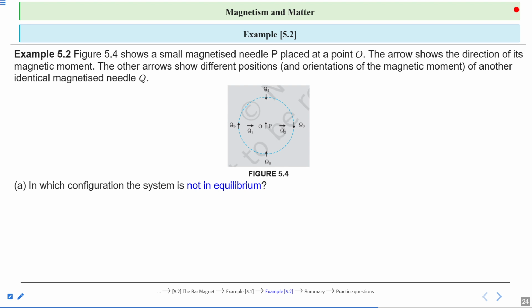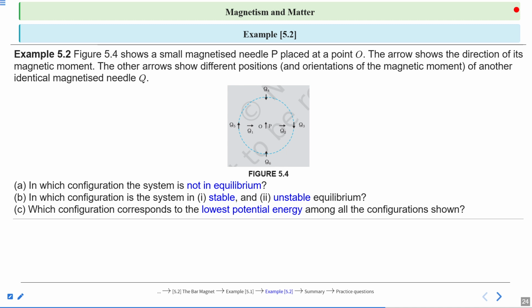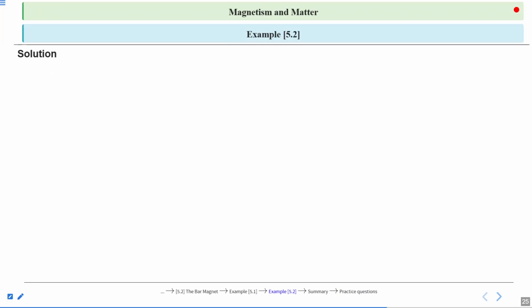Part B: in which configuration is the system in stable equilibrium, and in which in unstable equilibrium. And part C: which configuration corresponds to the lowest potential energy among all the configurations shown. So we'll do it part by part.